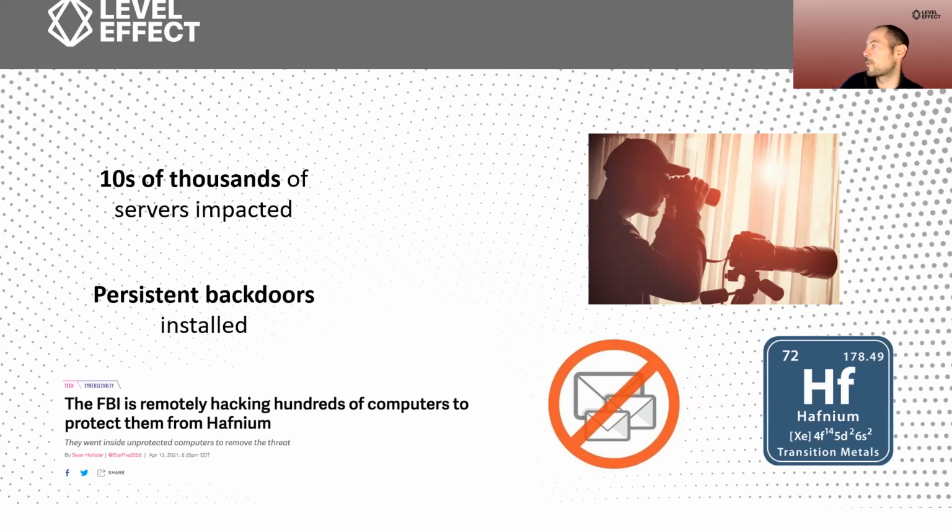What happened was this group went out and essentially took advantage of a series of unpatched systems. That was it at the end of the day. They were able to identify it and deploy a backdoor on all of these servers.